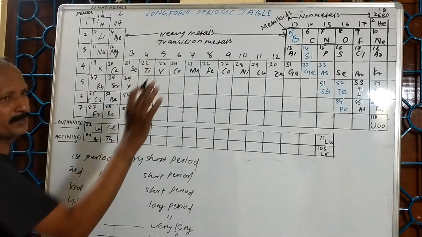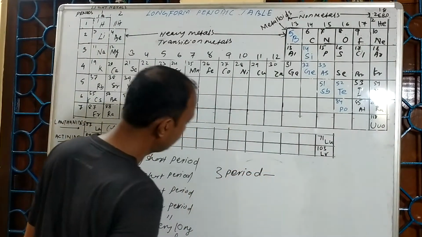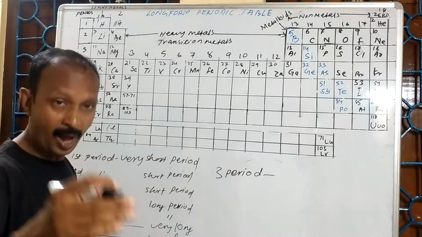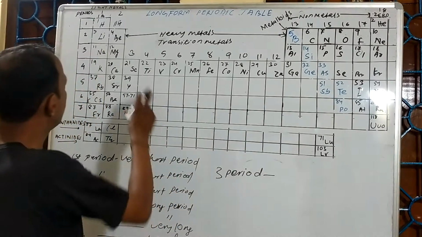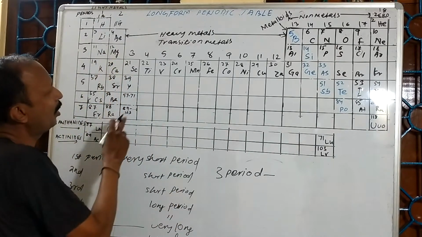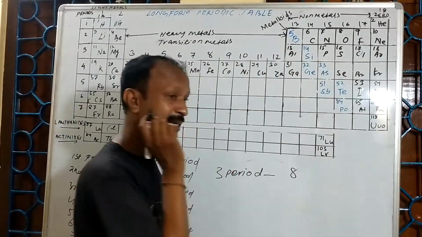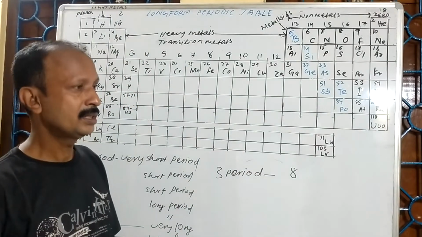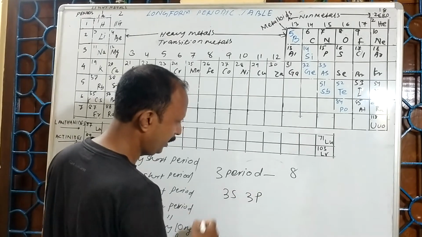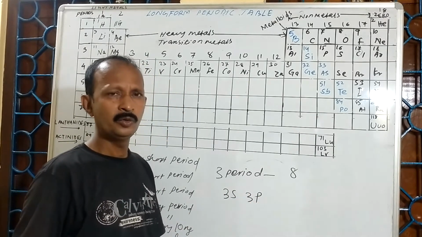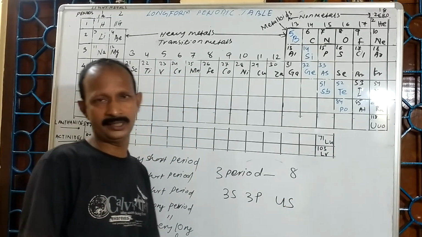In the third period the same thing happens. It starts with one more new cell, that is the third cell, no doubt at all. But the number of elements in the third period is 8. What is the reason? The reason is that after 3s, 3p we don't write 3d, we write 4s.